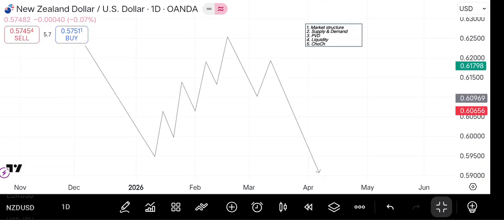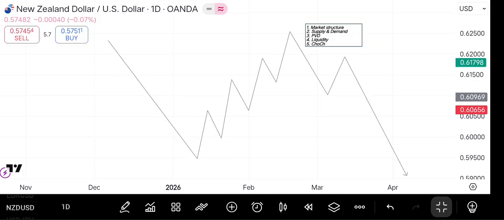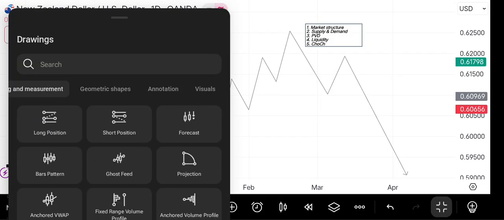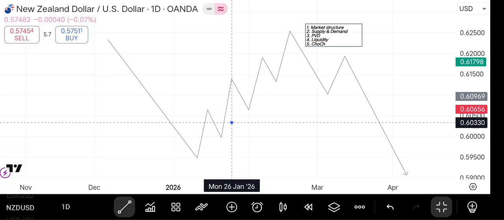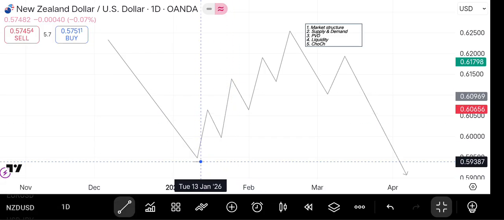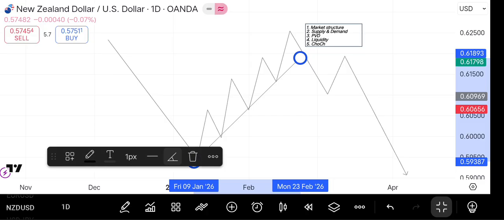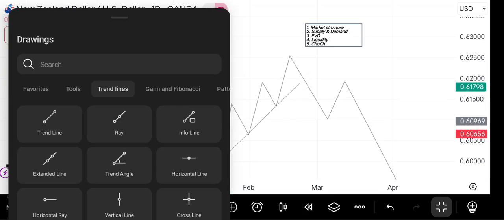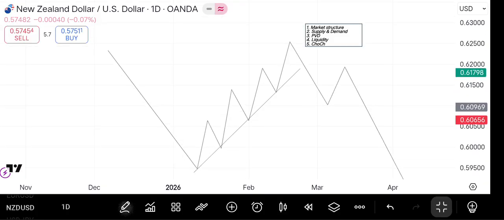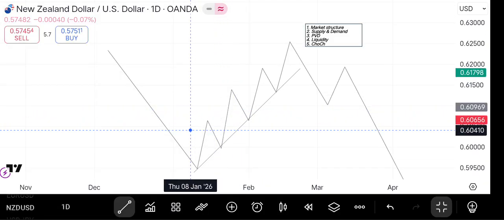So let's say, although I'm not a trend line trader, we have a trend line right here, and then you have another trend line up here.